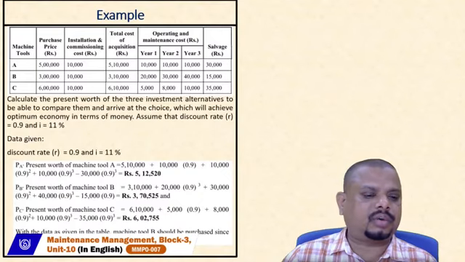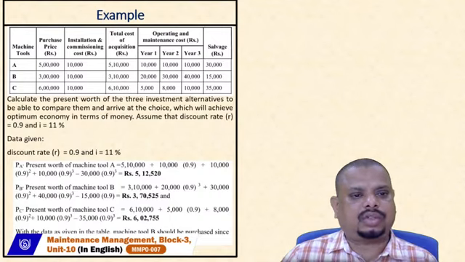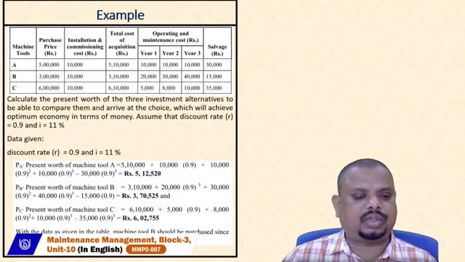Similarly, if you go for calculation of the present worth of machine tool C, the total cost of acquisition is 6,10,000 plus 5,000 into 0.9, that is the discount rate given.